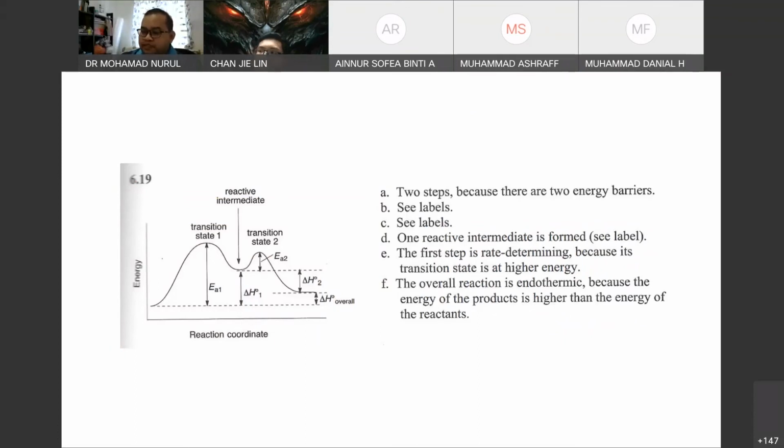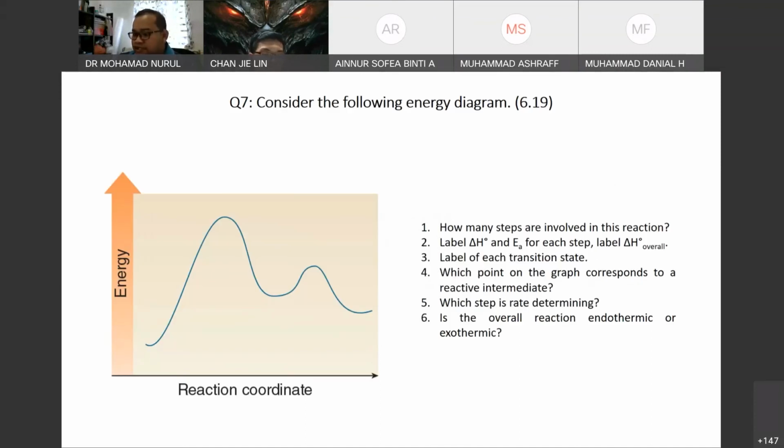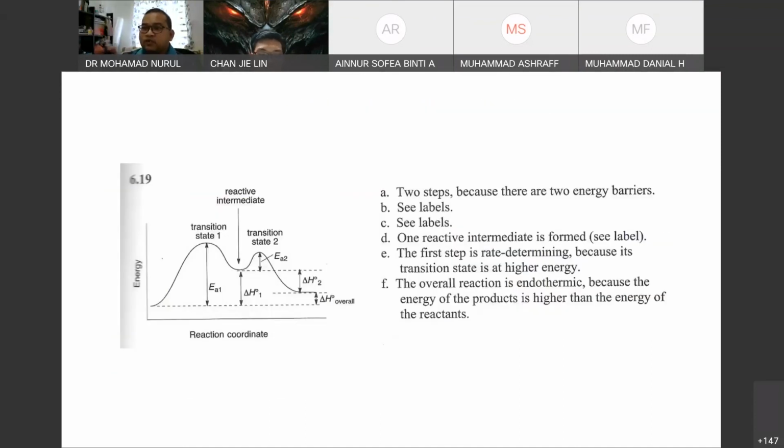Okay. For the C, what they ask, label each transition state because this one is a 2-step reaction. They have 2 transition states, which are transition state 1 and transition state 2. And of course, if they have transition states, they should have reactive intermediates.